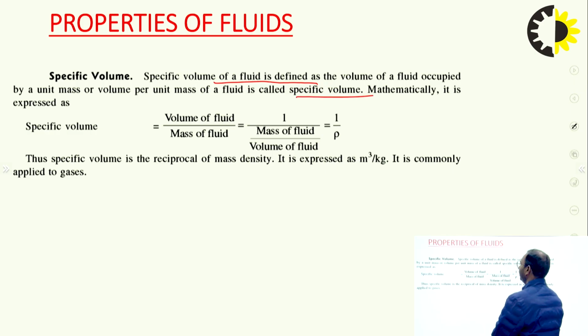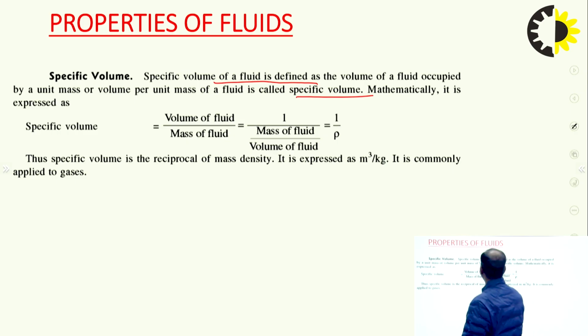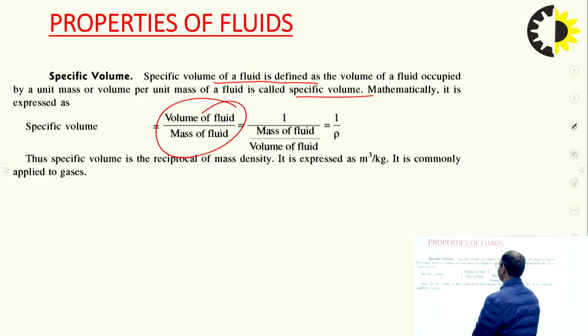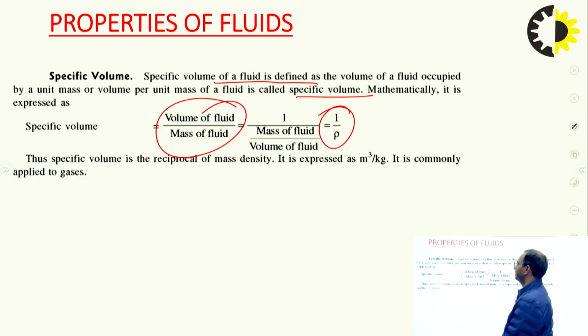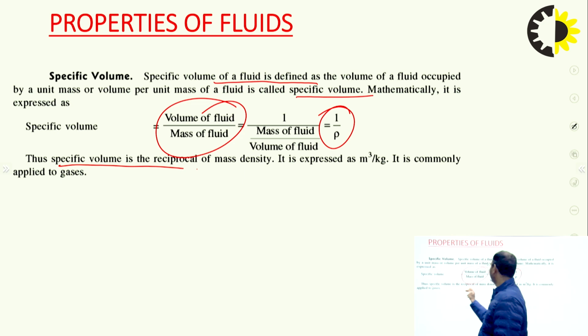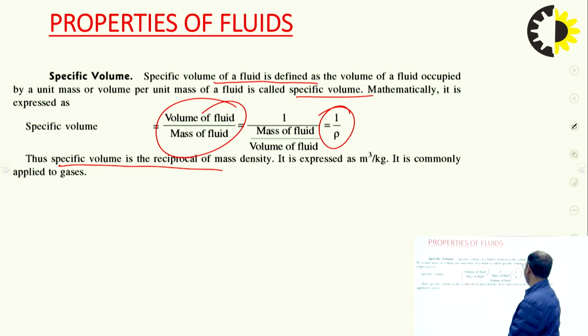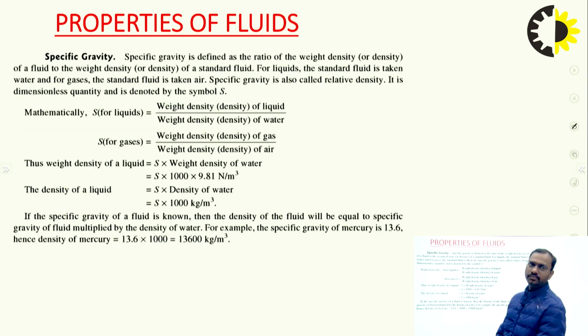Mathematically, specific volume is the ratio of volume of a fluid to its mass, and it is also equal to 1 by rho, where rho is the mass density of the fluid. So specific volume is the reciprocal of mass density, its unit is meter cube per kg, and it is commonly applied to gases.